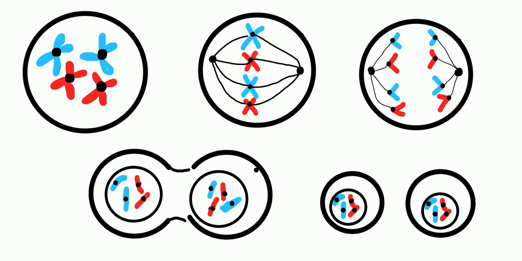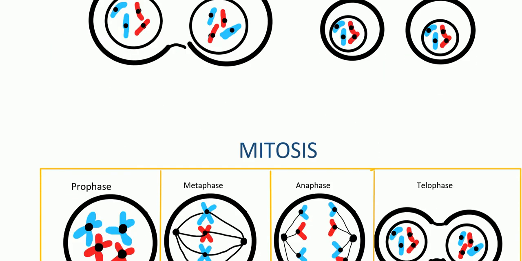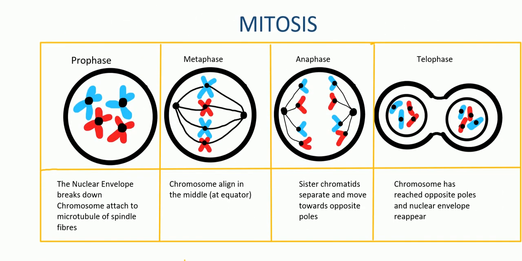Okay, so in this video, so far we discussed what is mitosis. Mitosis is the part of cell cycle which results in identical cells. The number of chromosomes before and after the cell cycle is always same.